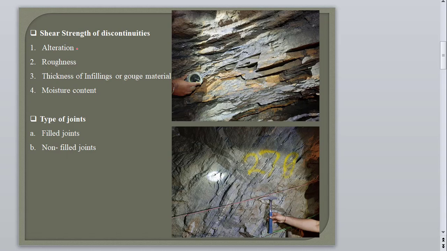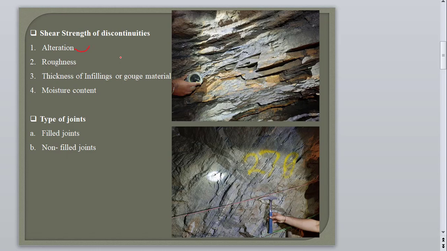Alteration is the characteristic feature of the wall rock contact that is tightly healed, because after some time the surface of the discontinuity is discolored due to the weathering effect, due to movement in the rock, due to the filling of the material.